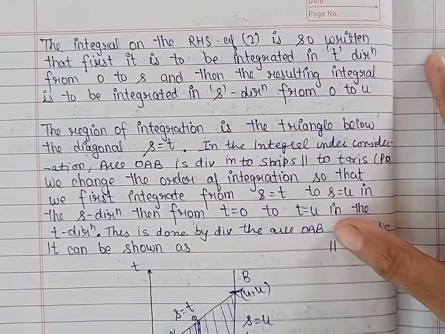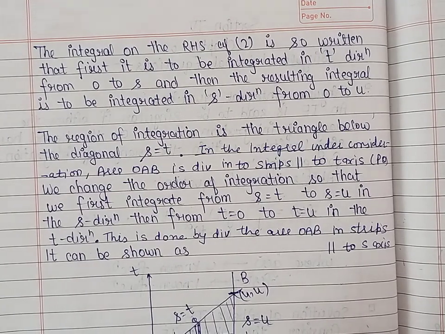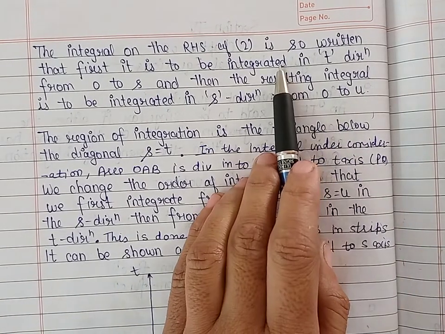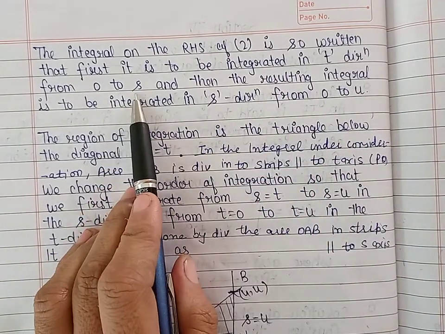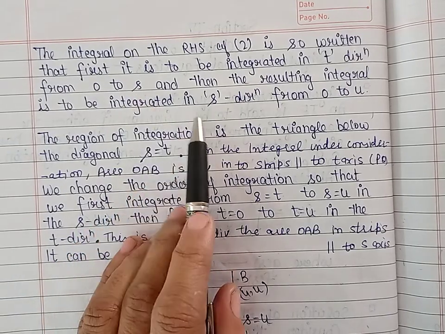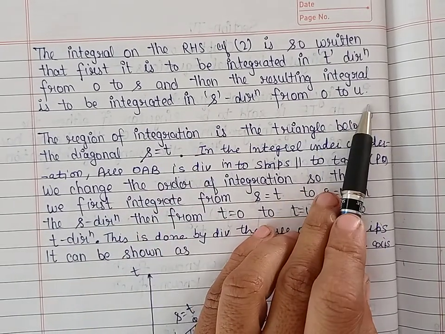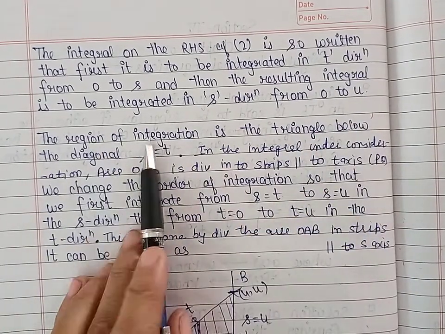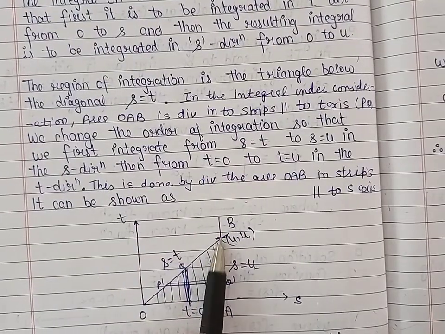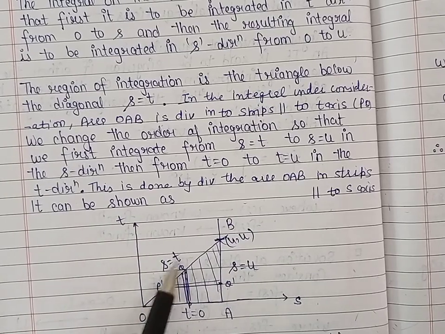we can see that in this equation second, the integral on the right hand side is such that the first integration is with respect to t between the limits 0 to s, and then the resulting integral is to be integrated with respect to s between the limits 0 to u. We can see that the region of integration is the triangle lying below the line s is equal to t.